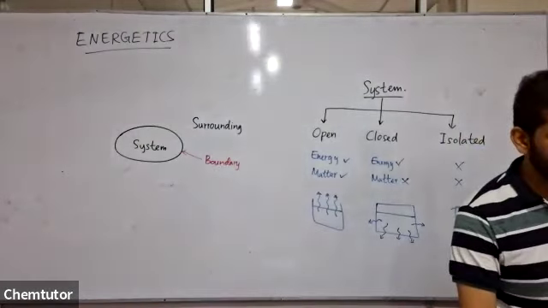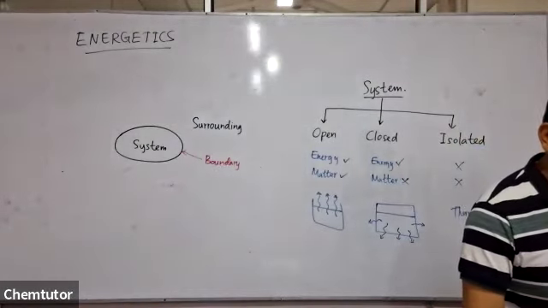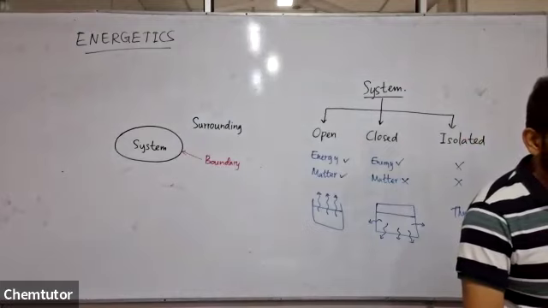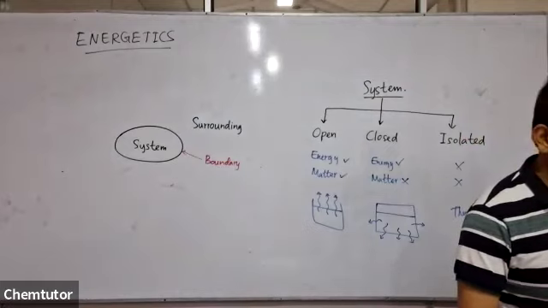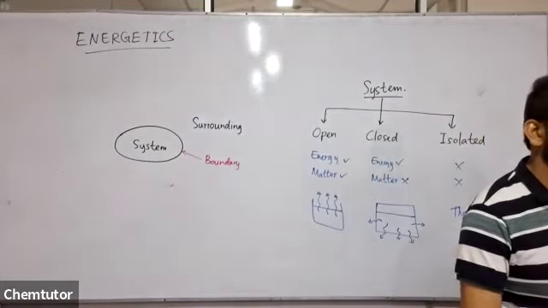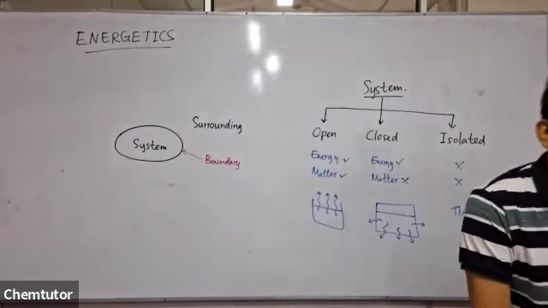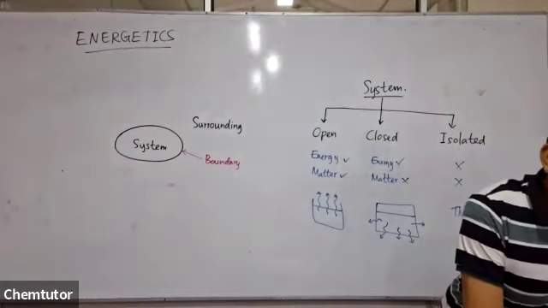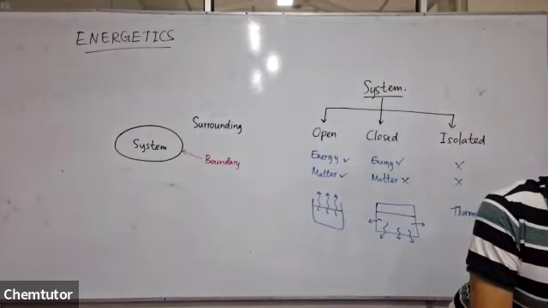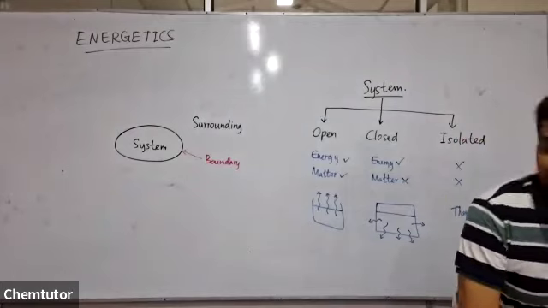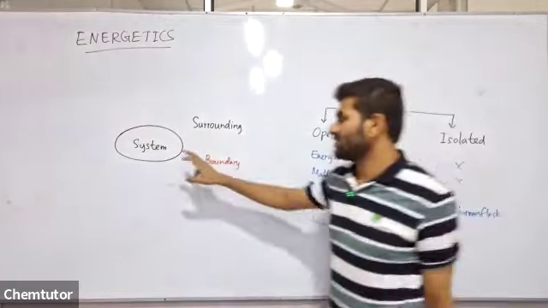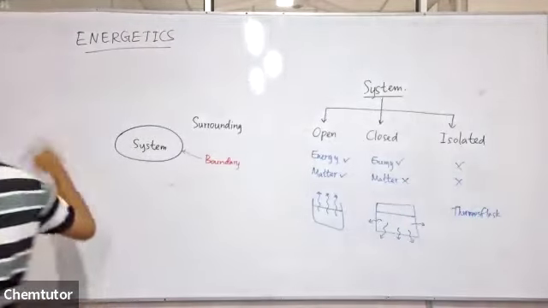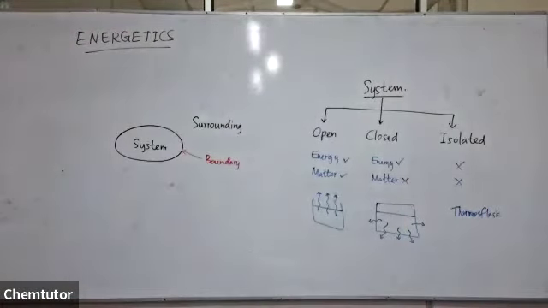So if we are talking further about this, we are talking about enthalpy. That is the most important part in this test. Enthalpy is used to quantify the heat flow into or out of the system. Now we learned that from a system, heat can be given out or it can be taken in.